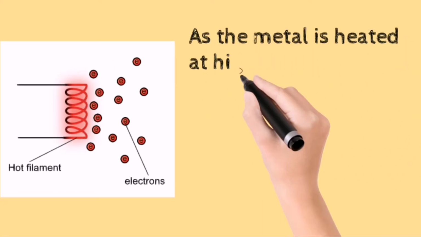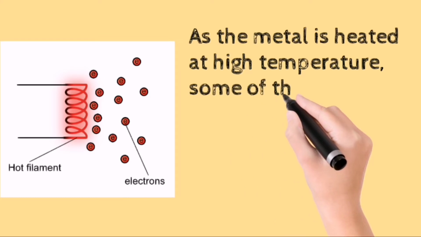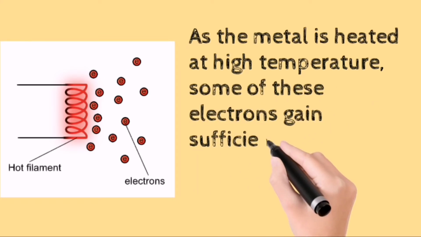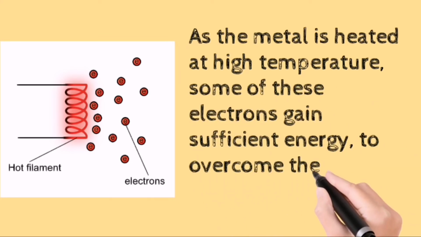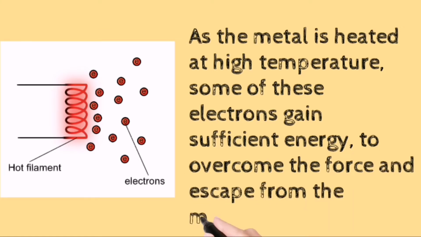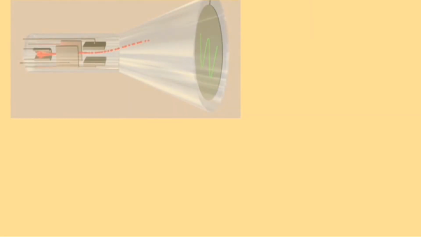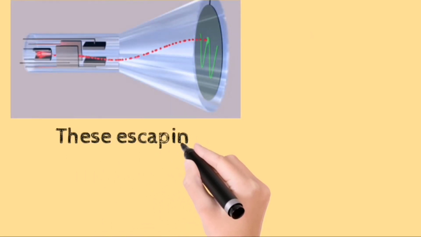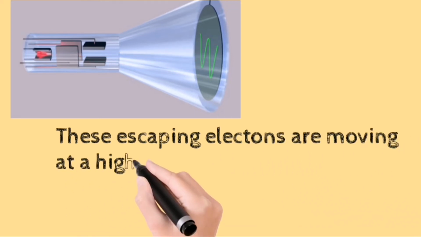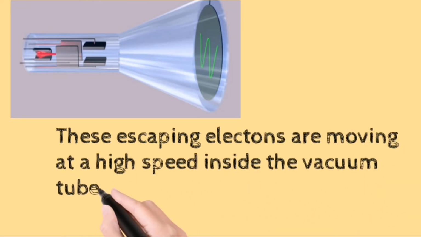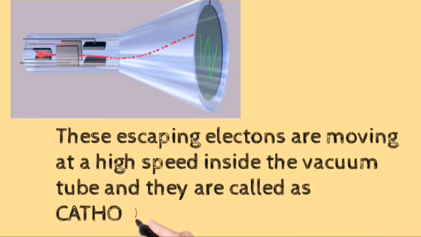So, as the metal is heated to a high temperature, some of these electrons gain sufficient energy to overcome the force and escape from the metal surface. And as you can see here, these escaping electrons are moving at high speed inside the vacuum tube, and they are called cathode ray.